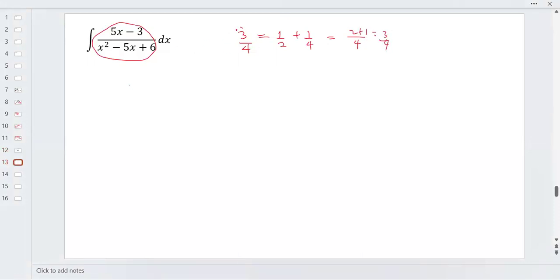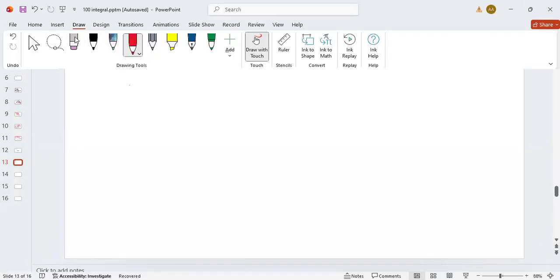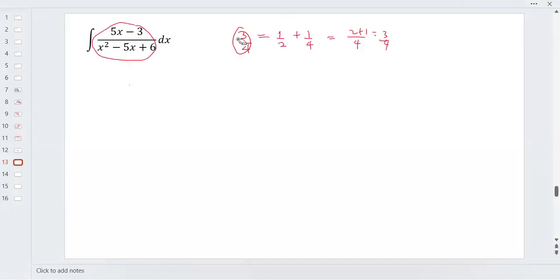So the idea is I want to break a big fraction into simpler possible units. That is the idea we are going to make use of here, so let's see how far we can go to achieve that.